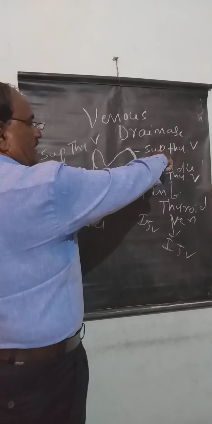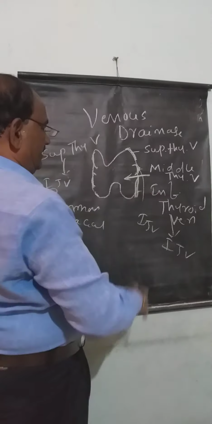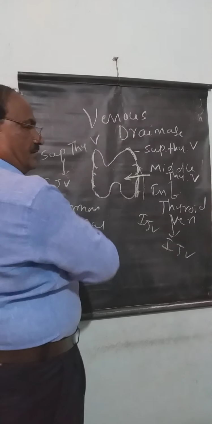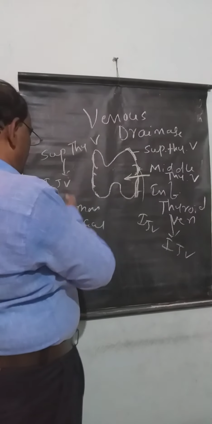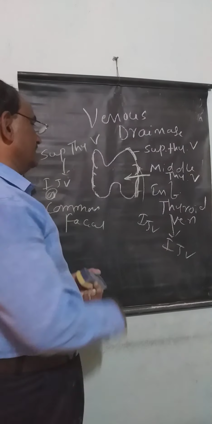There are three veins: superior thyroid vein, middle thyroid vein, and inferior thyroid vein, all draining into the internal jugular vein. The superior thyroid vein may drain into the common facial vein. All the veins drain into the internal jugular vein.